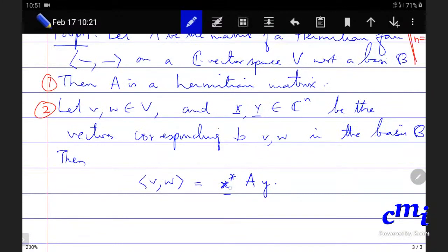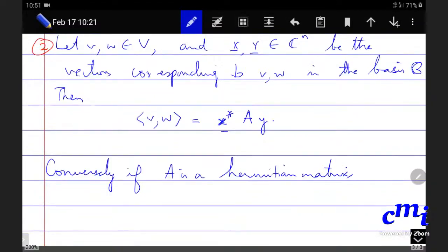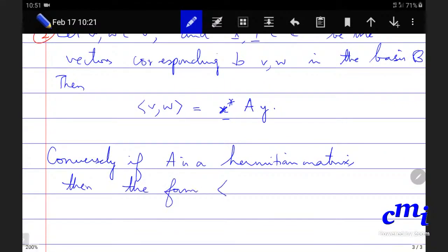Conversely, if A is a Hermitian matrix, then the form X conjugate transpose AY defined on Cn.